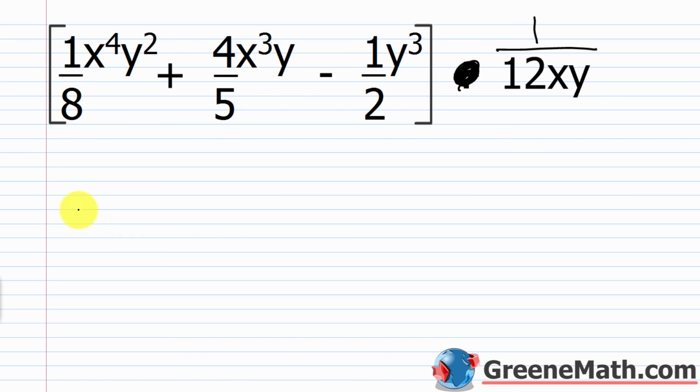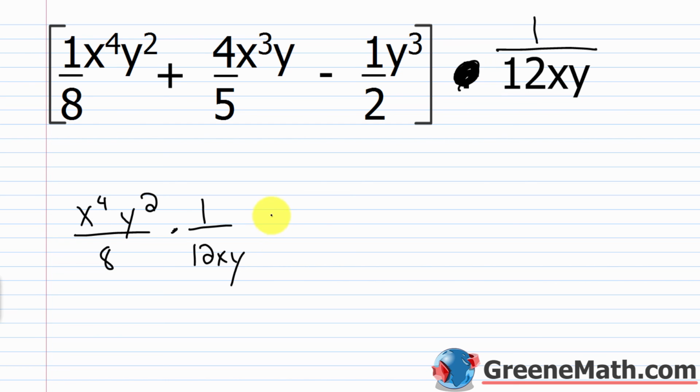We would have x to the 4th power y squared over 8 times 1 over 12xy. Again, if I did it using division, after I multiply the first by the reciprocal of the second, I end up with this anyway, so I might as well start out doing that. If you have something that normally takes 2 steps, and you can cut it down to 1, it's going to put you 1 step ahead.